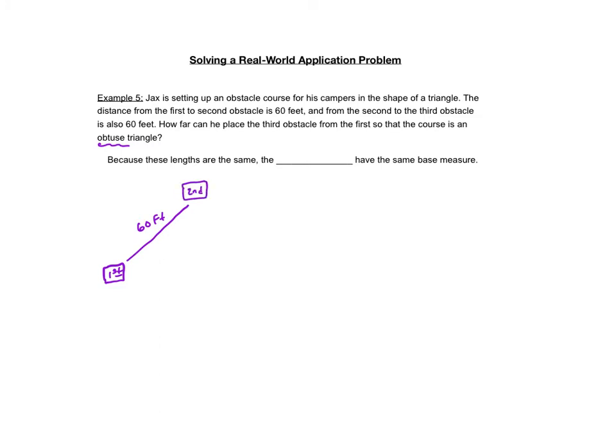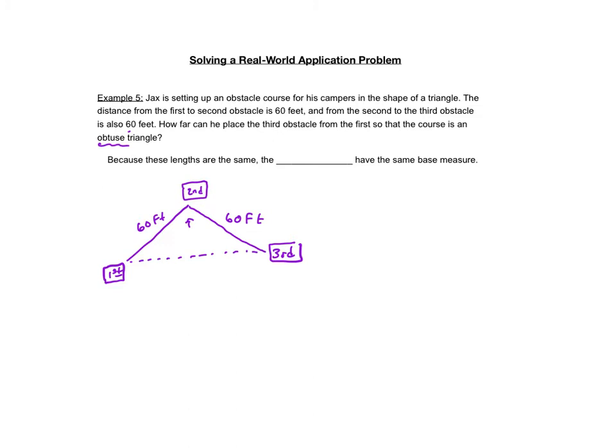And the second obstacle is going to be 60 feet, right, from the third obstacle. So we have this distance right here that we want to be an obtuse triangle. And obtuse means that this angle right here is going to be greater than 90 degrees.